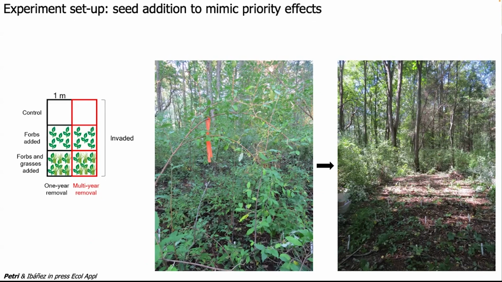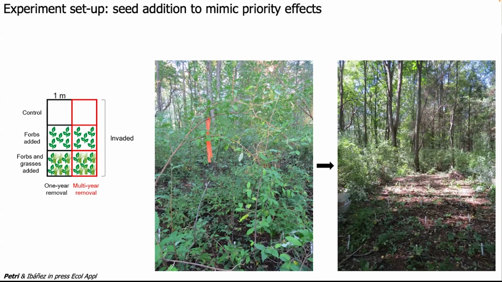And then I did what I'm calling here control, in which I did not seed any species. Whatever is coming in from the landscape, that's what I'm going to get in that community. But then I also wanted to provide those priority effects, so really seed those native species that could potentially overcome those really aggressive invasive species coming in. So I seeded forbs, and I seeded forbs and grasses.